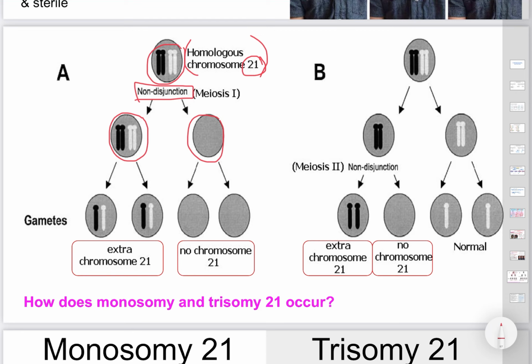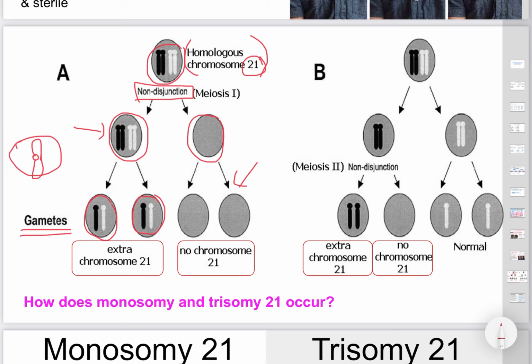So, as a result daripada dia gagal untuk berpisah, gamet yang kita dapat adalah ekstra satu kromosom. Sepatutnya dalam setiap gamet kita hanya ada one copy of chromosome 21. Tapi disebabkan pada anaphase 1, the homologous chromosome failed to separate, it caused the gamete to have one extra chromosome.